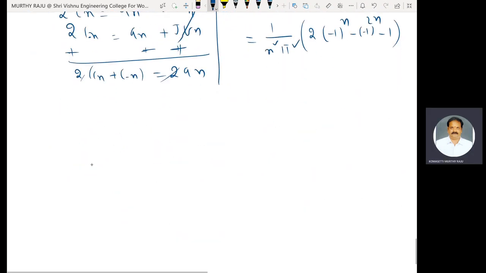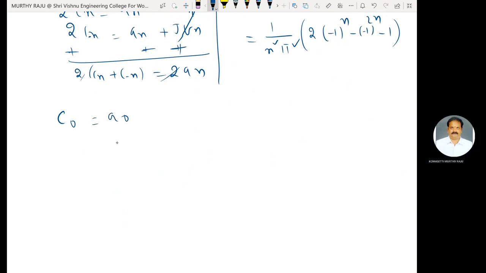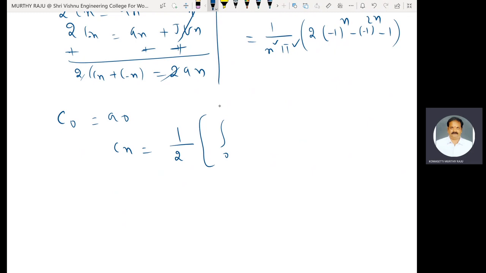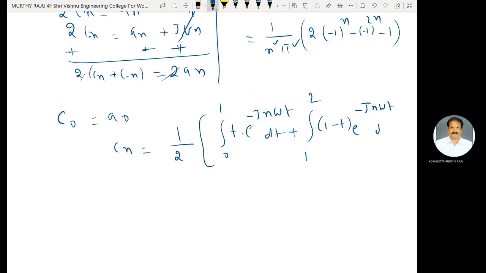Therefore, an and bn are determined. Next, find out C naught. C naught is nothing but a naught. Cn is equal to 1 by 2 integral of 0 to 1 t into e power minus j n omega t plus 1 to 2 1 minus t e power minus j n omega t dt.